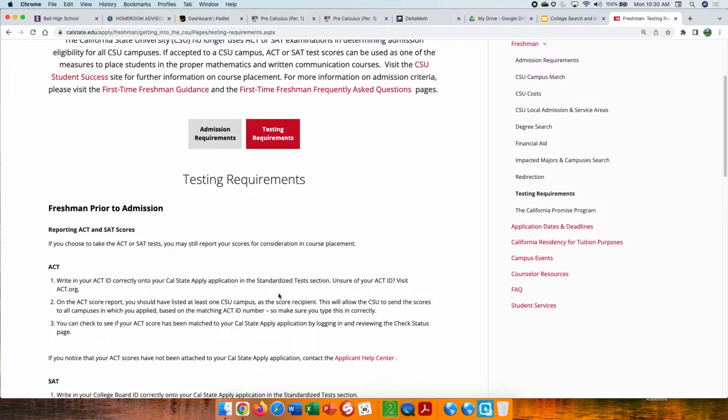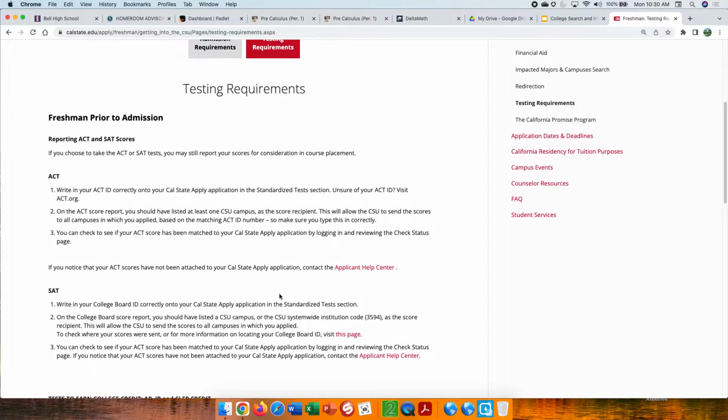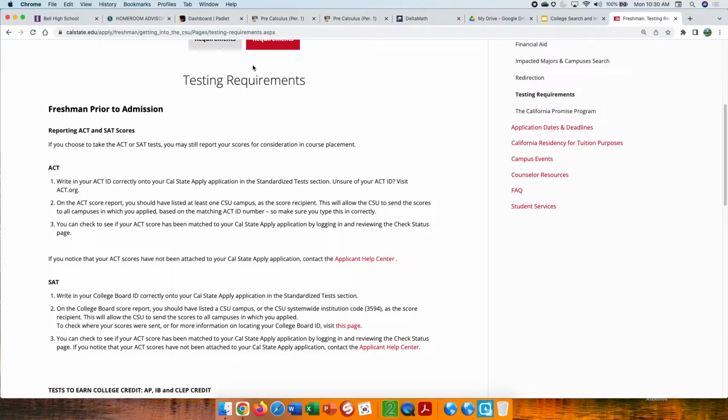And then get this bottom part, starting with the testing requirements, and all this stuff all the way to the SAT. Capture all this stuff right here. Okay, so that's about 6 or 7 pictures that we got.